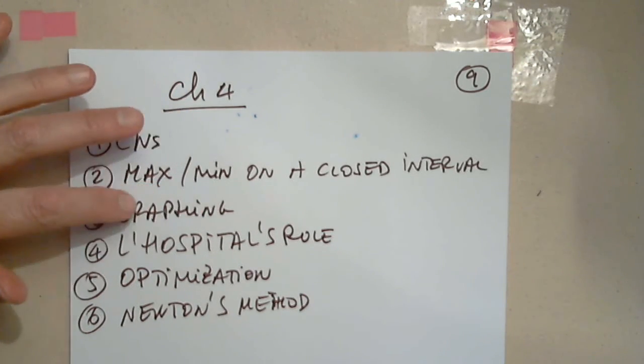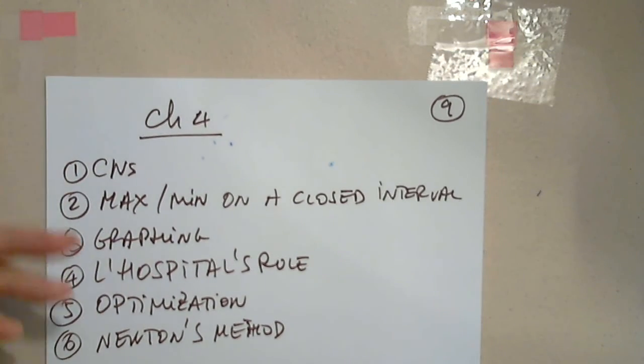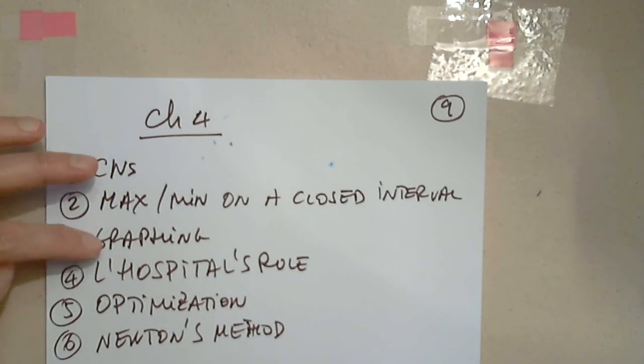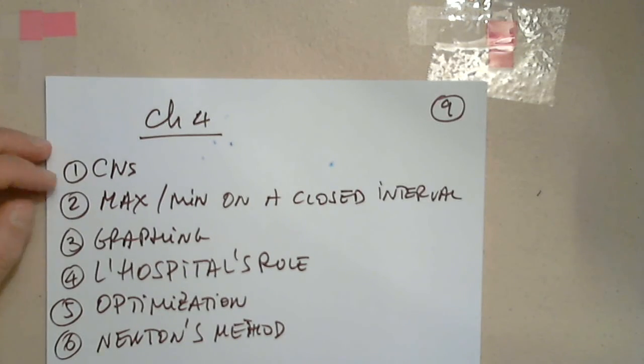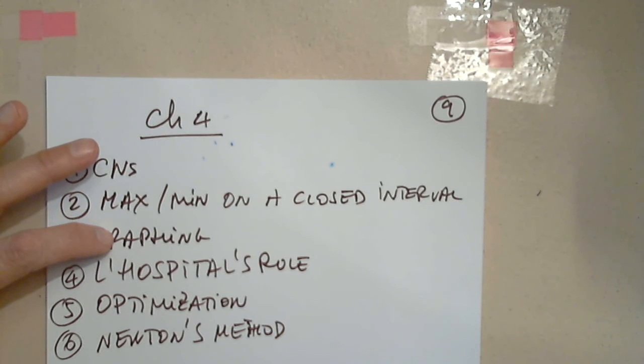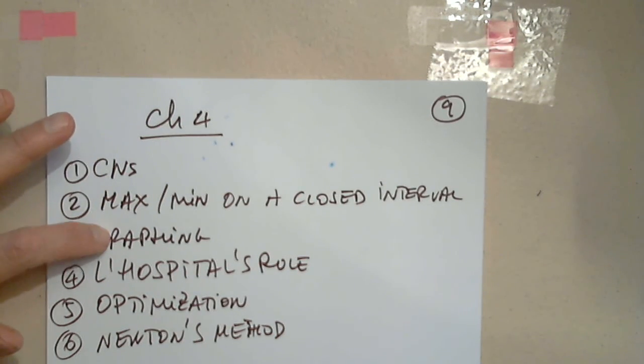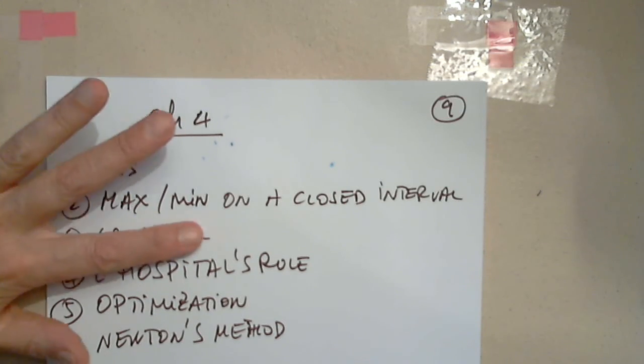But graphing includes a lot. It includes the first derivative, the second derivative. It includes samples of different graphs with different information given to us. It includes slant asymptotes. It includes holes in graphs. This is a major topic.